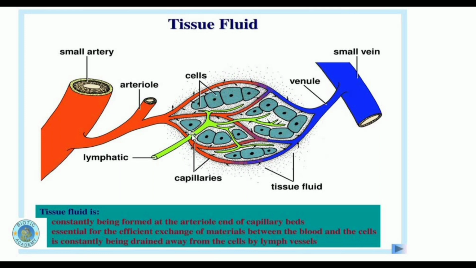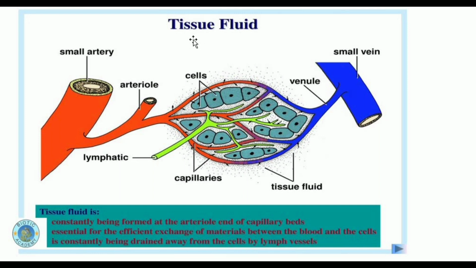Now the cells and the blood vessels are near to each other, but there should be a medium between them, so that the nutrients and oxygen can come out of the blood vessels and reach the cell. That medium is the tissue fluid. What is tissue fluid? Tissue fluid is basically the leaky plasma of the blood.